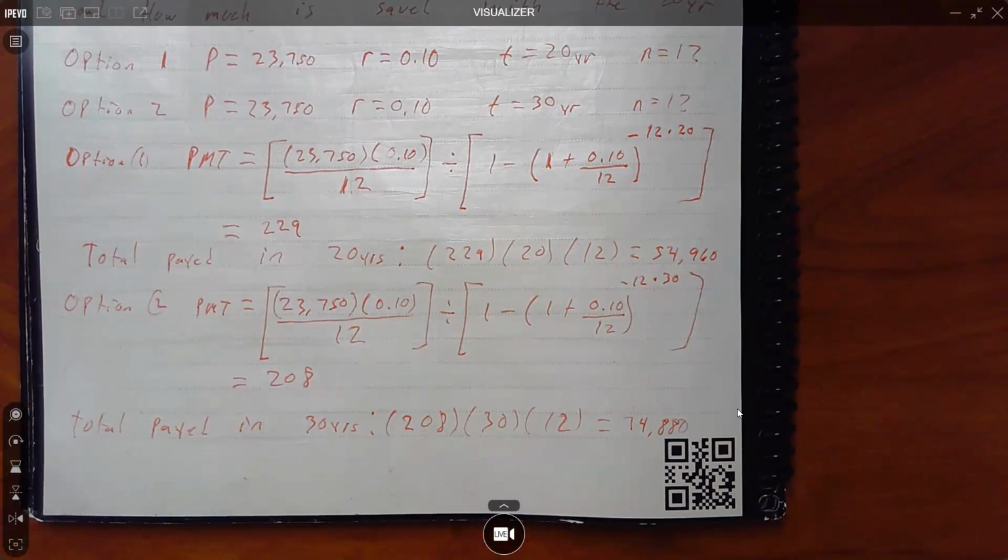Okay, so what did the question ask us to do, right? They said, calculate how much interest for each option. We got the totals. We mortgaged 23,750.